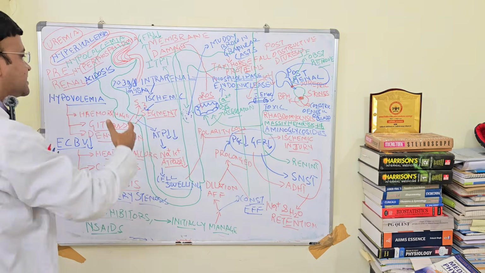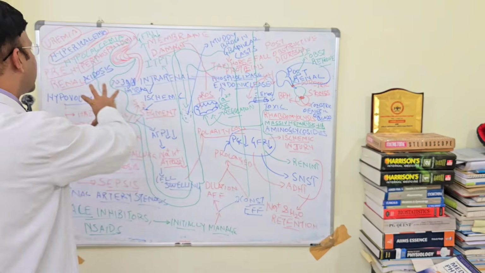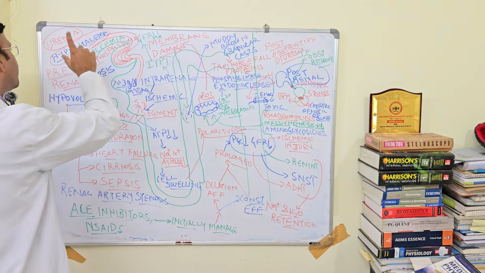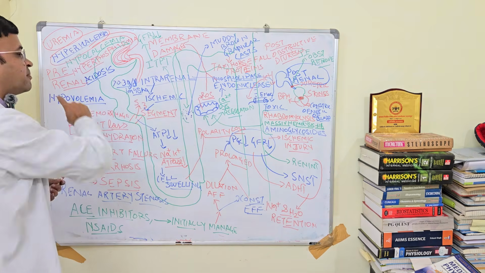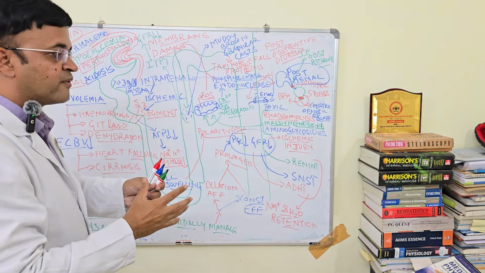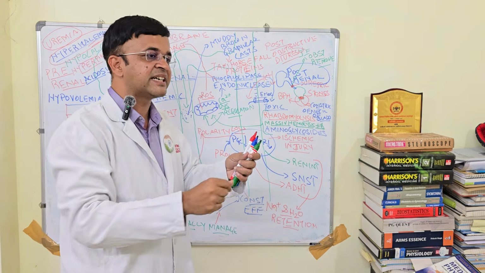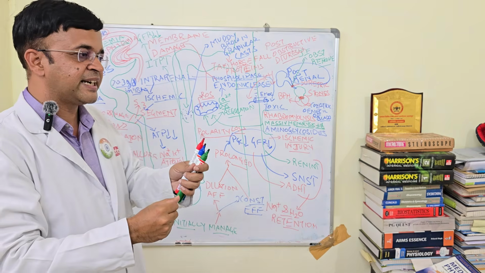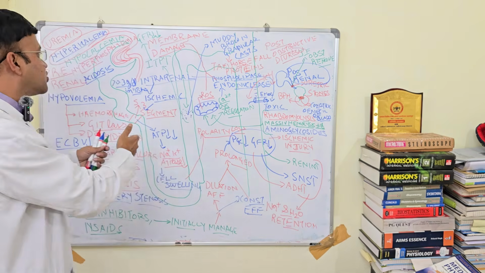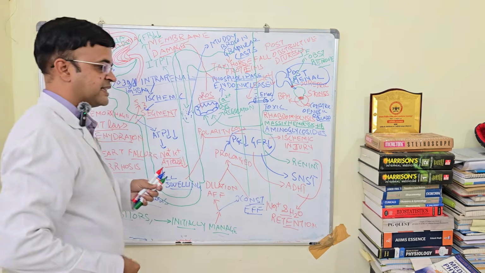And of course, since the kidney is hypofunctioning, you will have acidosis. But the most important complication is hyperkalemia, right? For that you will give calcium gluconate for stabilizing the cardiac membrane, and you will also give insulin and fluid therapy, right?